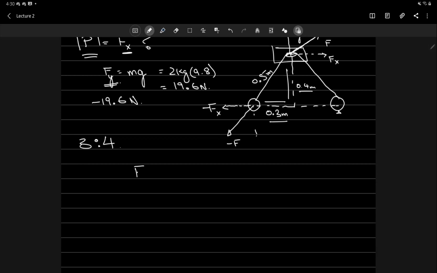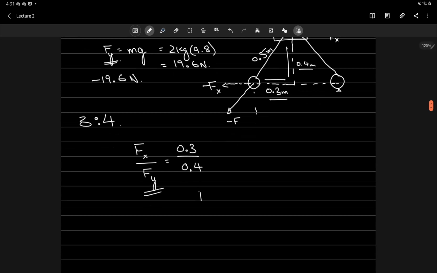So I can write Fx over Fy is equal to 0.3 over 0.4, right? I hope you understand कि यहाँ पे हमने क्या किया. If you don't, you can ask. Okay, perfect. Now we have already figured out what the vertical force Fy is, and that's 19.6 newtons.